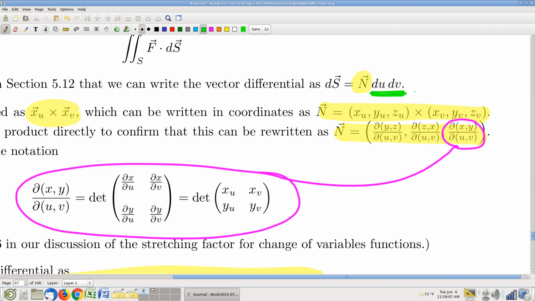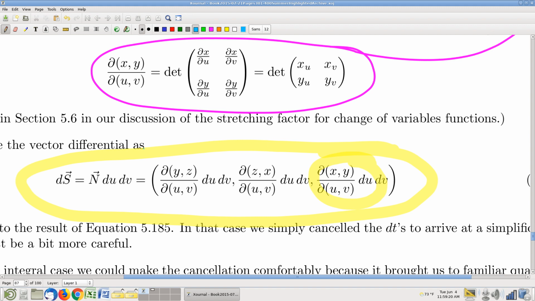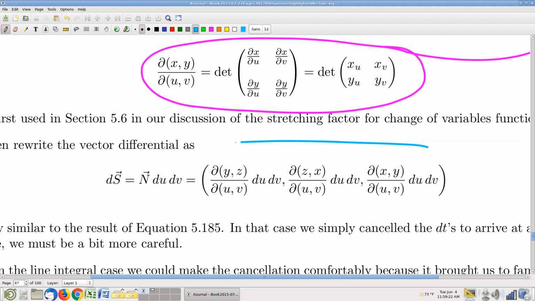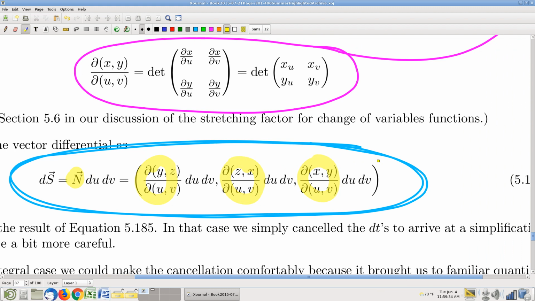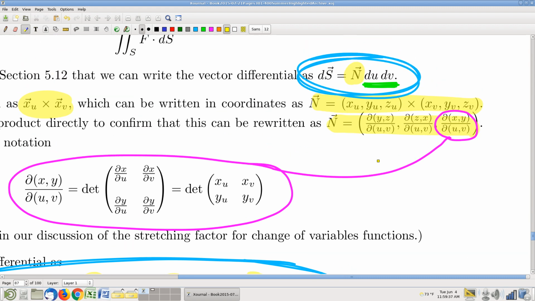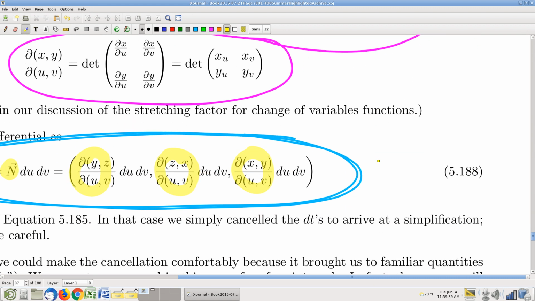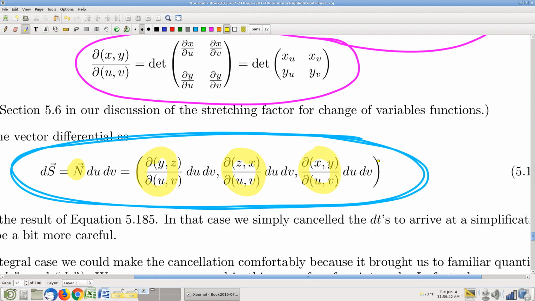Each one of these coordinates is going to get multiplied by du dv, and altogether I get that dS is all of this. And you can see in here the N that's being multiplied by du dv.